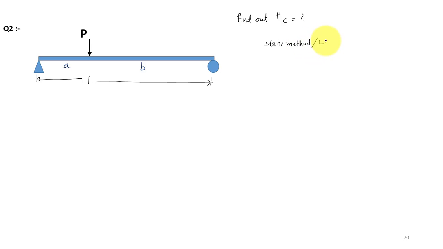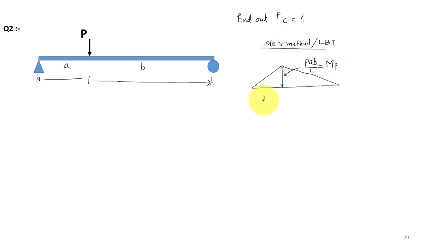Or lower bound theorem. We will draw the bending moment diagram at the plastic state. This will be the moment diagram. This value will be P A B by L, and that will be equal to MP.